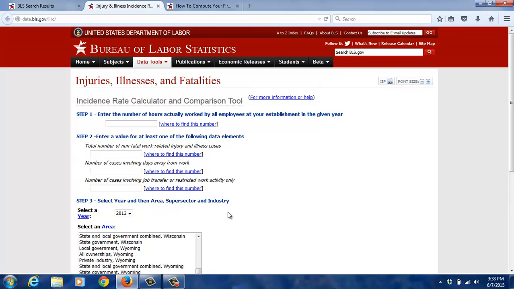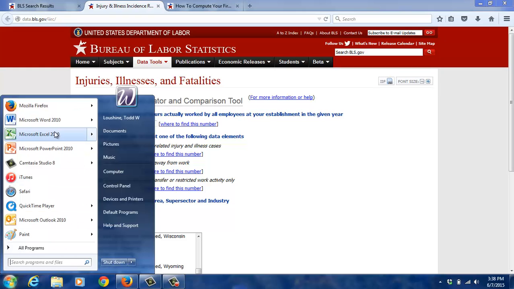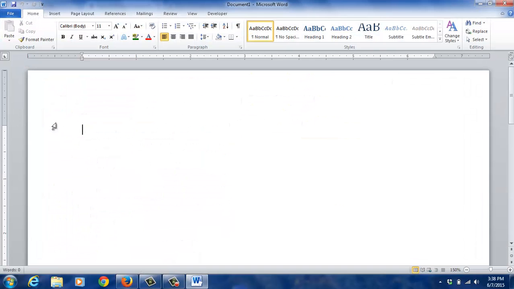Again, the incidence rate calculation is, oh, come on. I apologize for this, I'm just going to try and blow this up so you can see it better.